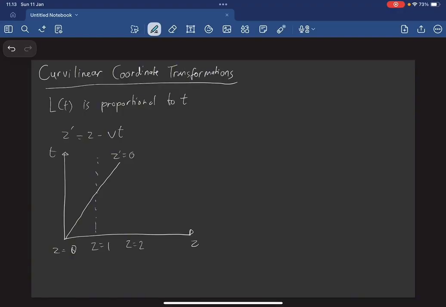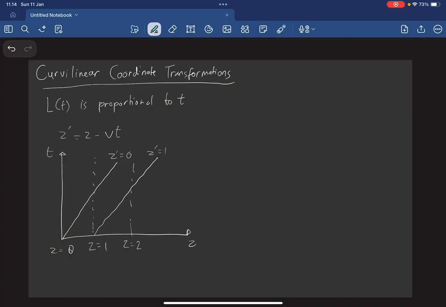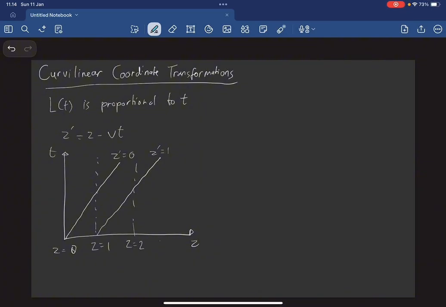Here's Z equals 2 and Z prime equals 1. And this is Z equals 3, Z prime equals 2.